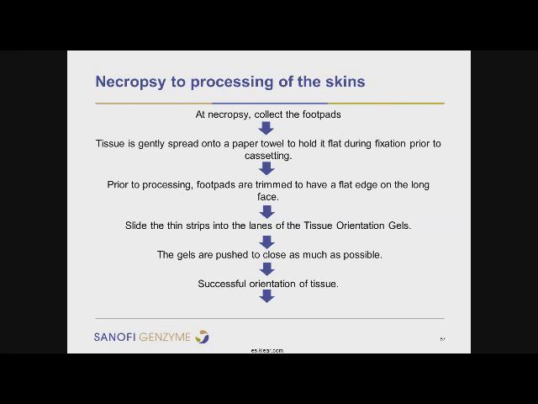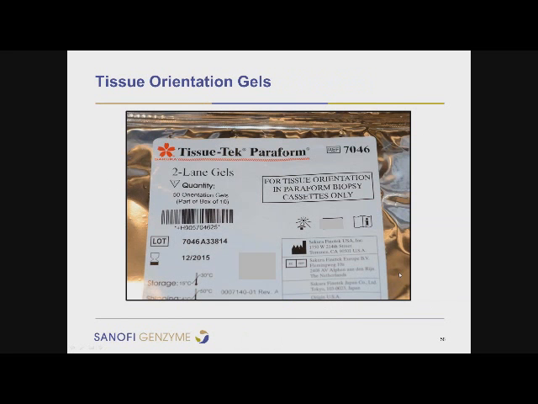The gels are pushed close as much as possible. That would lead to successful orientation of the tissue. This was going to lead to happy embedders who only had to deal with one orientation gel per cassette, happy cutters because hopefully the processing would be improved, and a happy pathologist. And that's important, right, Sheila? Yay!